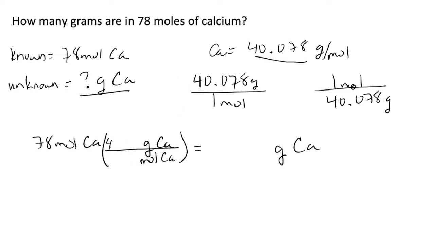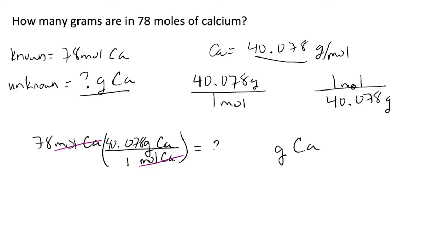So we will put 40.078 grams at the top since we want the units for grams to remain, and we want to cancel out the calcium moles. Next, we're going to multiply across, which is 78 times 40.078 and divide by 1. This is per 1 mole.